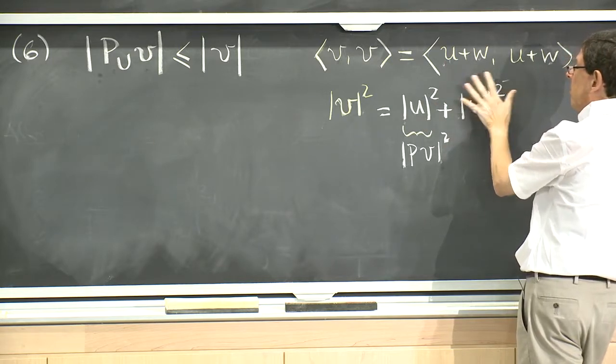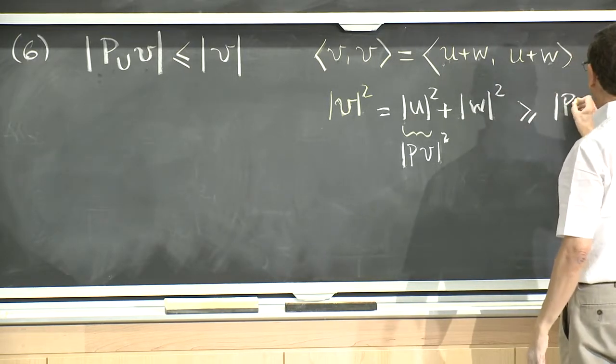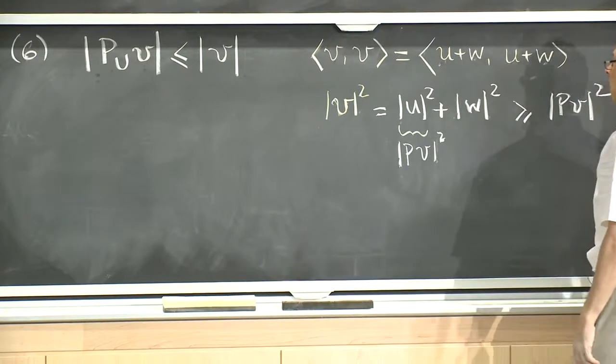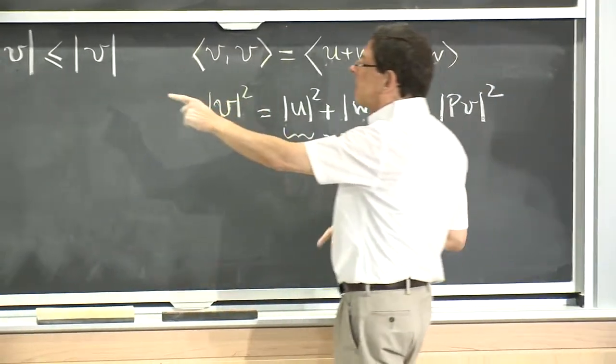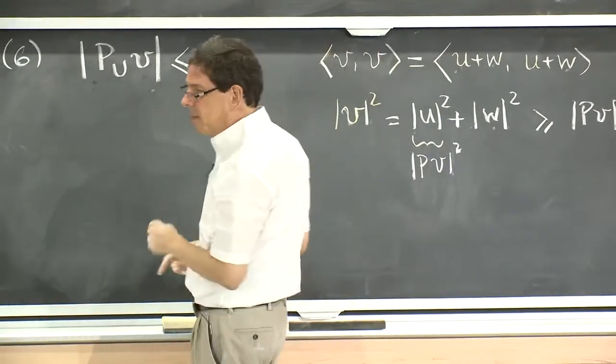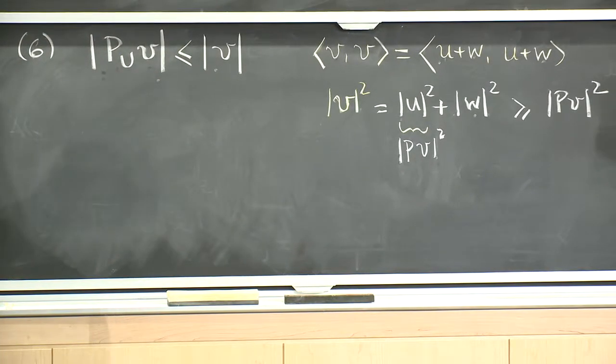So this is bigger than PV squared because I throw away this, and therefore PV has smaller length than V. Very nice property as well, and fairly intuitive.